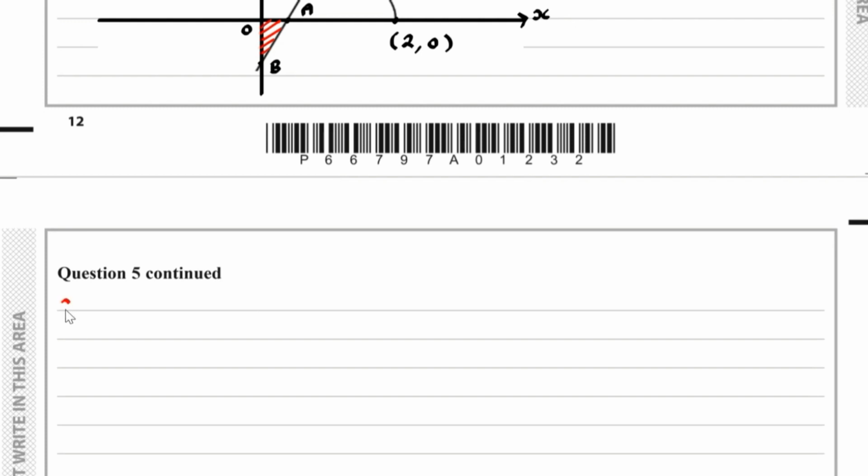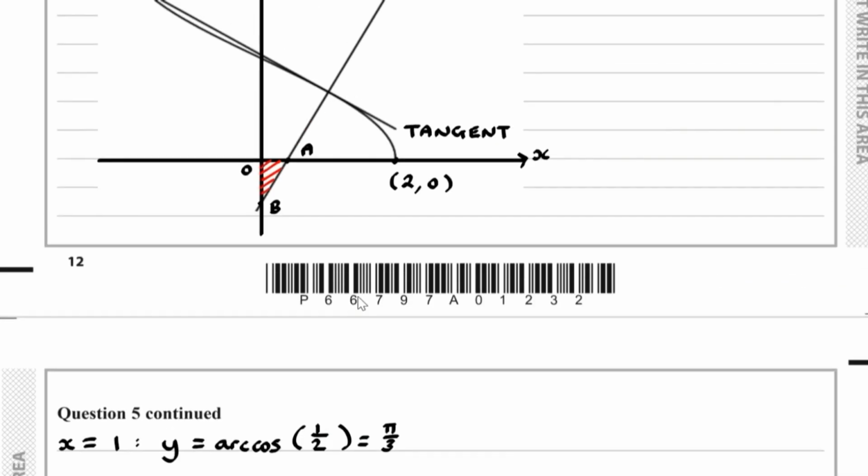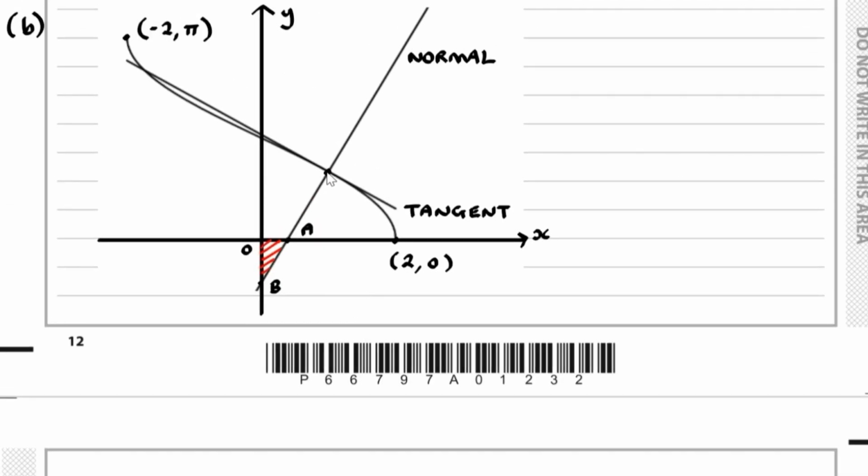When x is equal to 1, y is equal to the arc cosine of 1 over 2, which is pi over 3. So that means the coordinate here is 1, pi over 3.